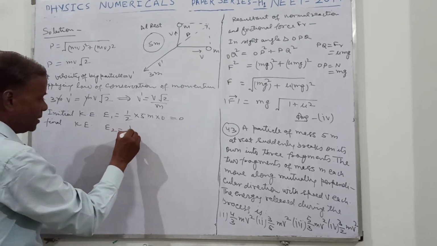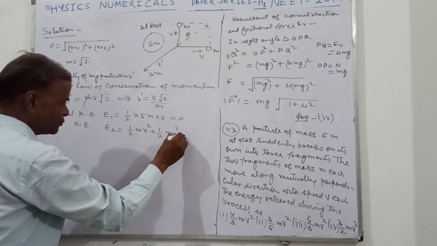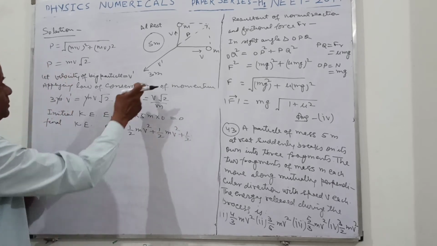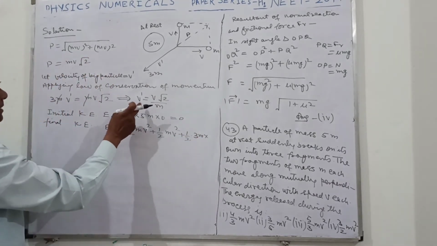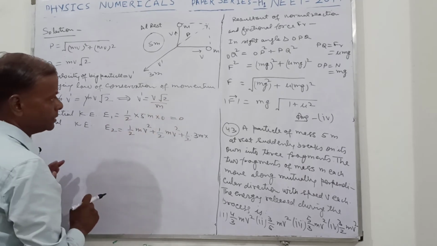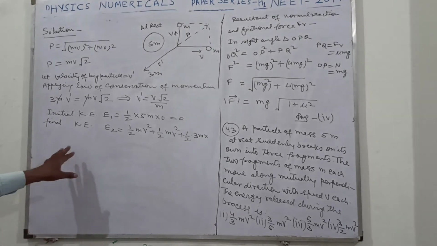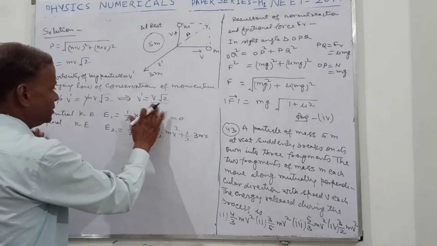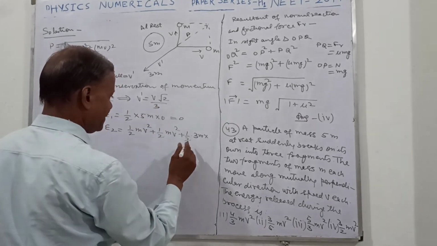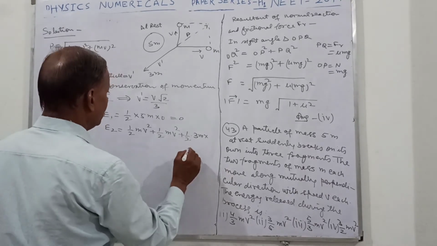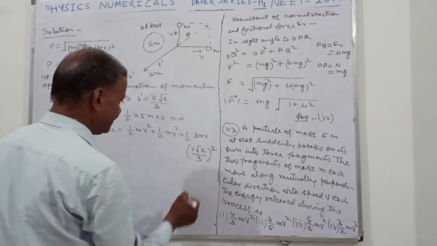So this is half mv square plus half mv square plus half, now this mass is 3m, and v dash equals v root 2 upon 3, so this is your v root 2 upon 3 whole square.